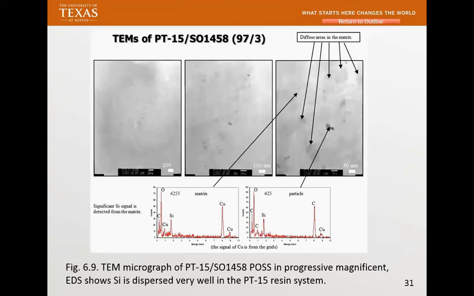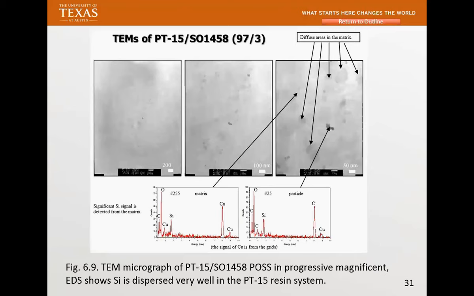What it's showing me is that the POSS I showed you is very large. But with the right technique and the right surface treatment, all the particles go from 200, 100 down to 50. When you do EDAX on these little things, you can see these are truly SiO2, because those are the surface cages of POSS.